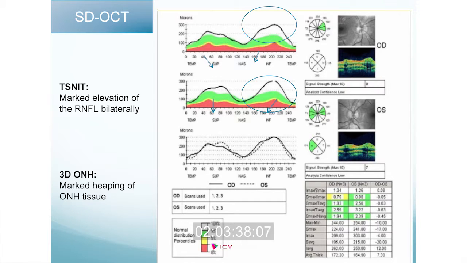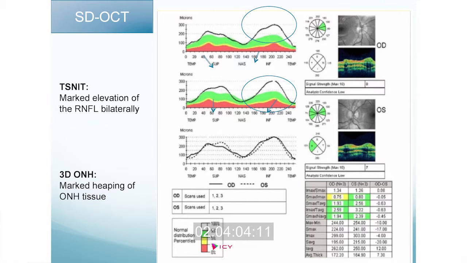Hers go outside that green zone of normal, okay? The lines or the graph is out into the white space, which means that the tissue is extremely heaped bilaterally, okay? The third picture overlaps the left and the right eye. This patient has bilateral disc edema, so we wouldn't anticipate that that graph should be very different. They respect each other because it's bilateral.